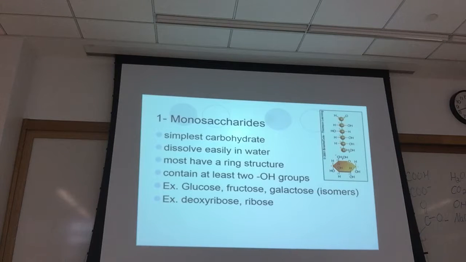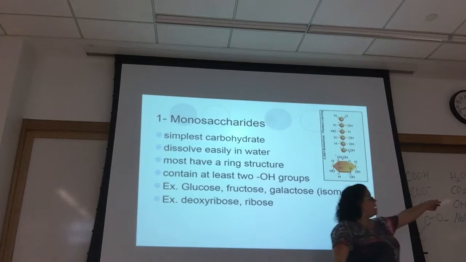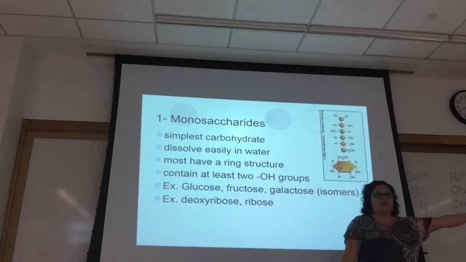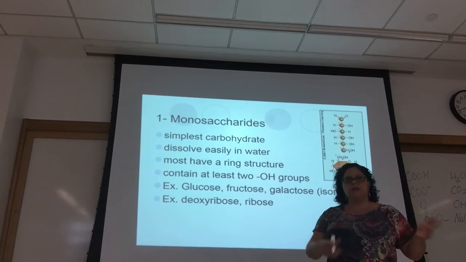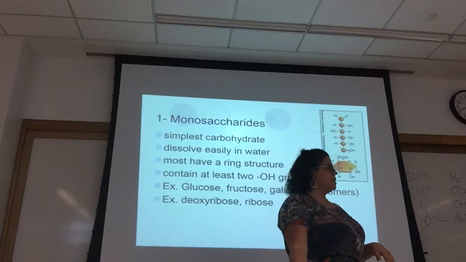The formula for glucose is C6H12O6. That holds true, right? For every 1 carbon, there's twice that number of hydrogen and then the same number of oxygens to carbon. 1 to 2 to 1 ratio.